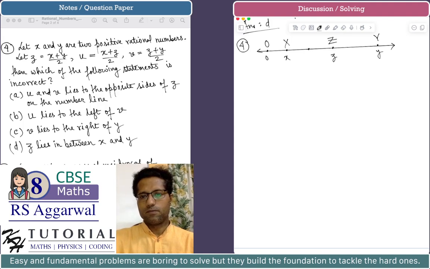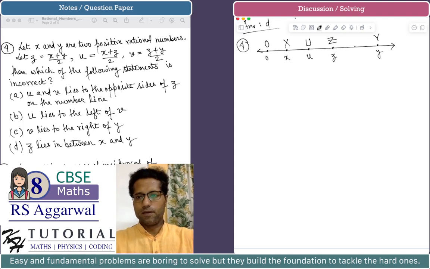So this is the point u, which is representing the rational number u, which is x plus z by 2. Now what is v? z plus y by 2. Similarly, v will be here, this is v.